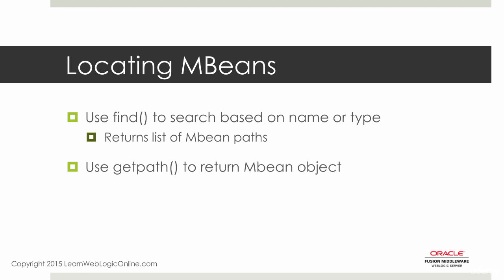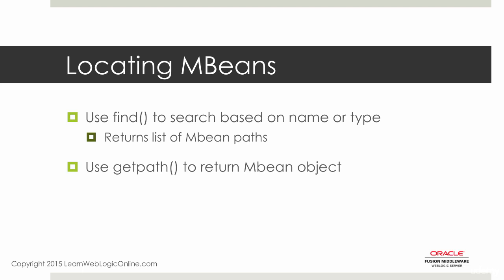So let's say you wanted to return a list of all the servers in your domain. You can use find and then specify the server MBean type. Once you've got the path or the location to an MBean, you can get an object. You use getPath to return an object, and the parameter for getPath is the result of find.